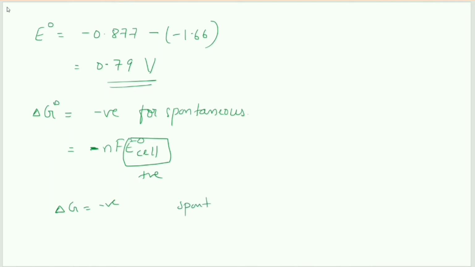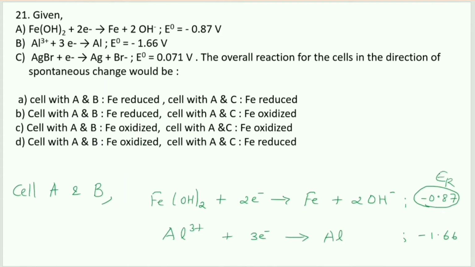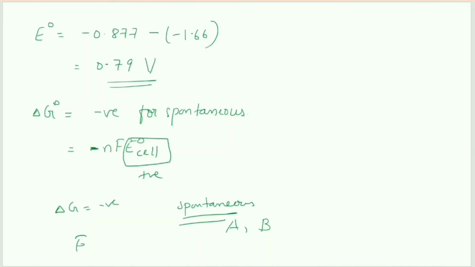So in A and B the reaction is spontaneous, and which is undergoing reduction? First reaction Fe(OH)2, so Fe is reduced, and aluminium is oxidized.